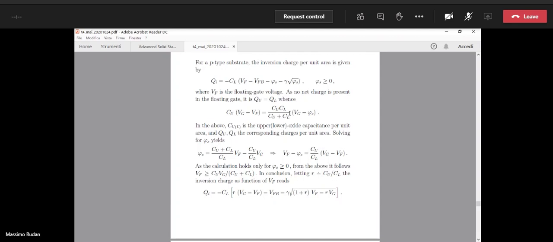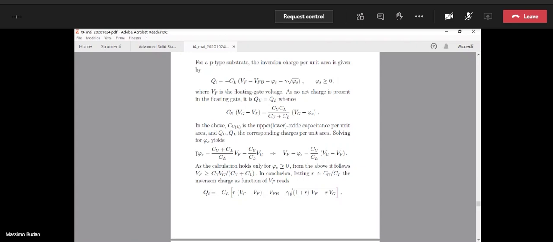But this Qu is also the charge in the upper capacitor, so it is Cu times Vg minus Vf, okay? So we have this equality.